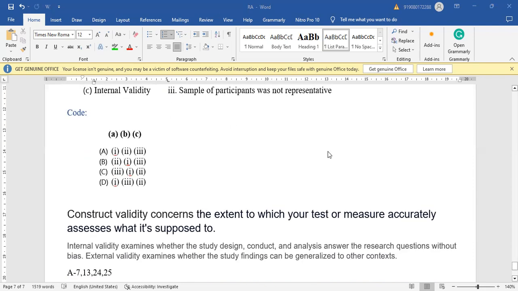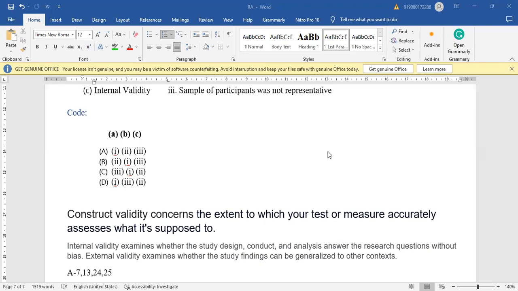Because try to understand, construct validity will tell you how far your test is going to assess the variables exactly. That is construct validity. How your questionnaire or a data collection tool is valid to assess the variable. Yes or no?